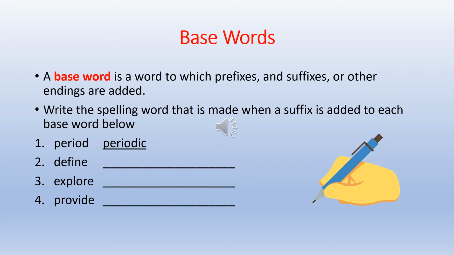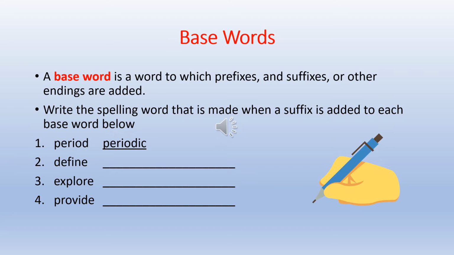The first example that we have is period. Say it. Period. Okay, so the instruction is that we need to add a suffix. A suffix, remember, is not a word, it is syllables or letters that are going to be added to a base word, and a new word is going to be created.